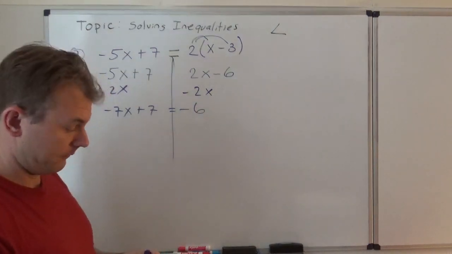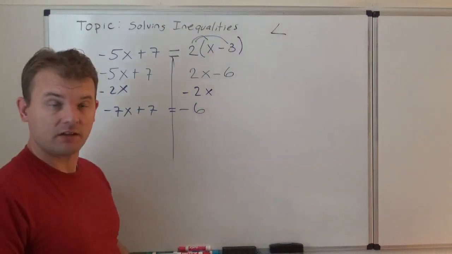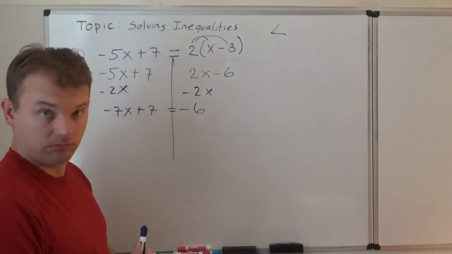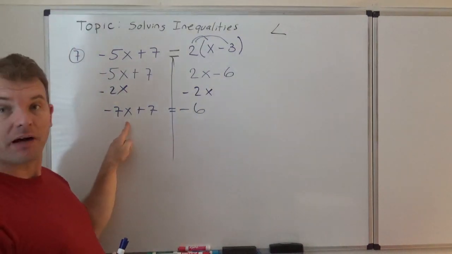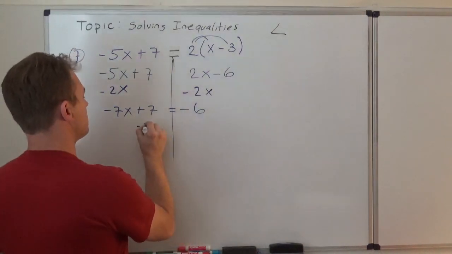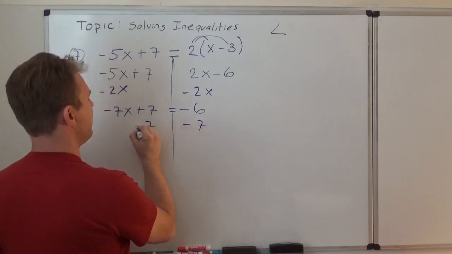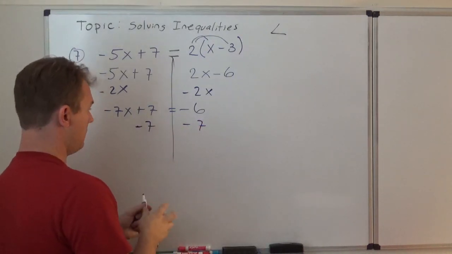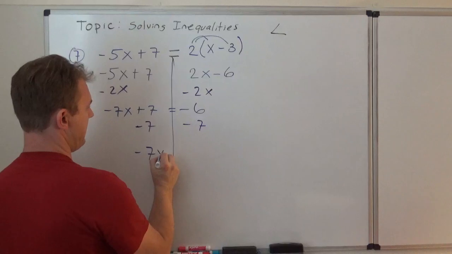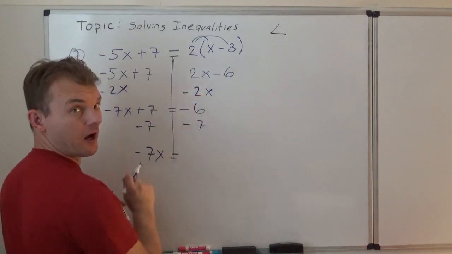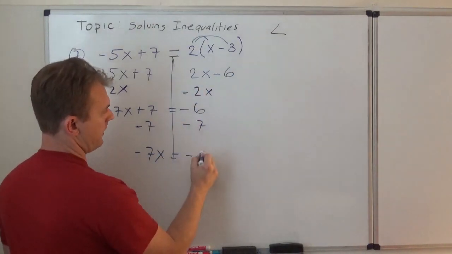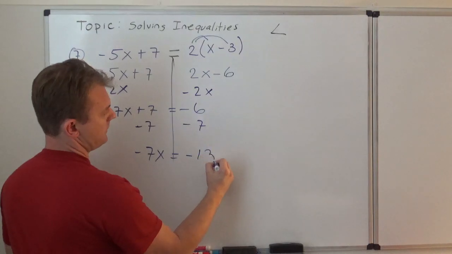Now what? Well, take away the 7, because we're trying to get the x by itself. So you're going to subtract 7, and now you get negative 7x equals, for now, 13.